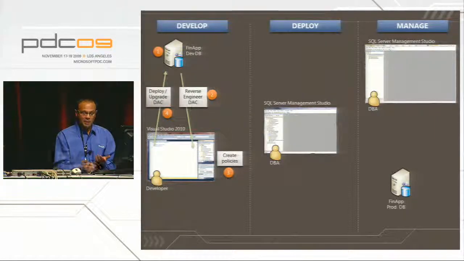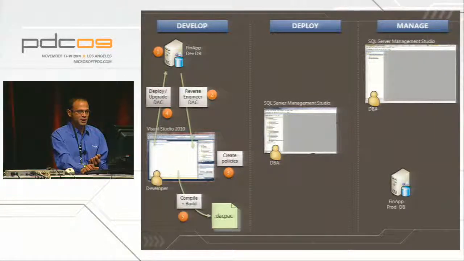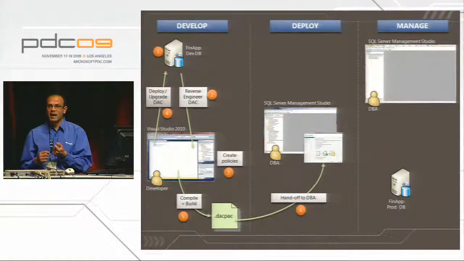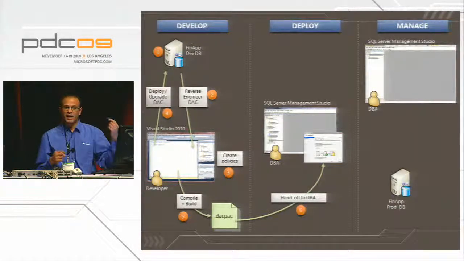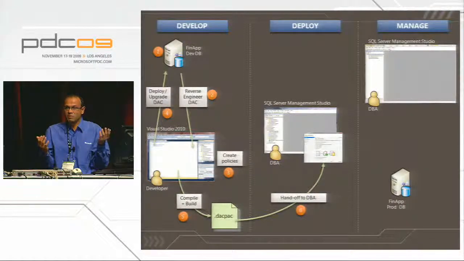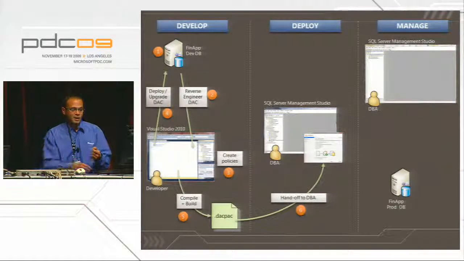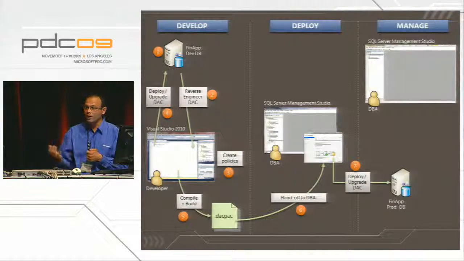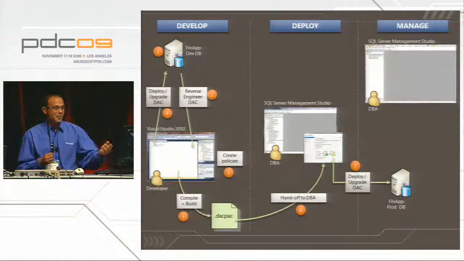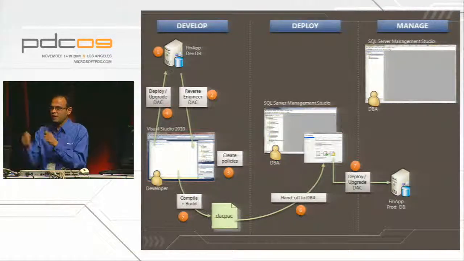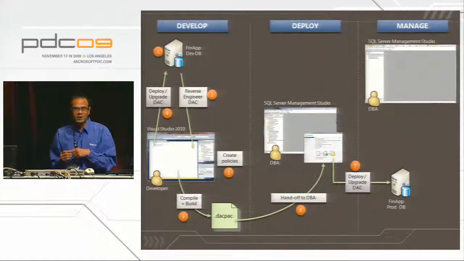When the developer is happy, developer builds the project and produces a DAC pack. Once you produce a DAC pack, you can hand it off to the DBA. And the DBA can fire up SSMS, start a new wizard that we've added in SSMS in SQL Server R2 to deploy it on the production box. The DBA can opt for first-time install versus upgrade and so on.